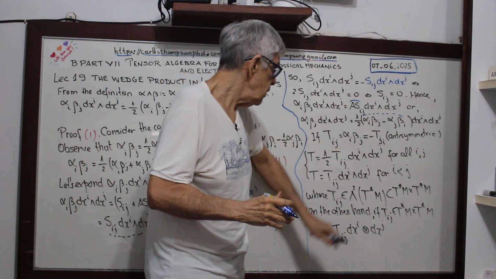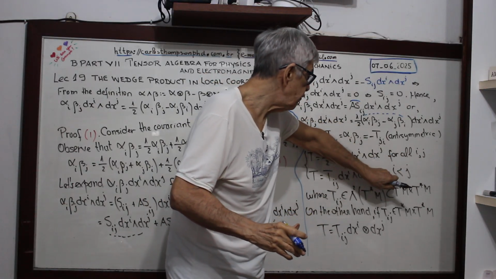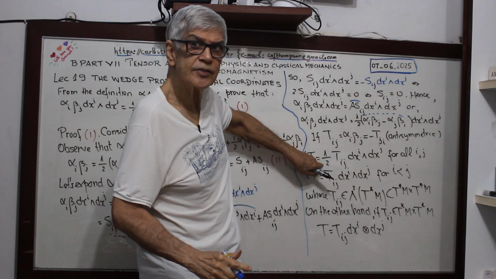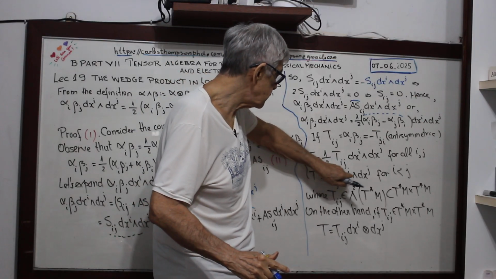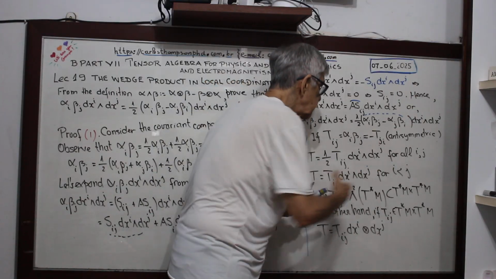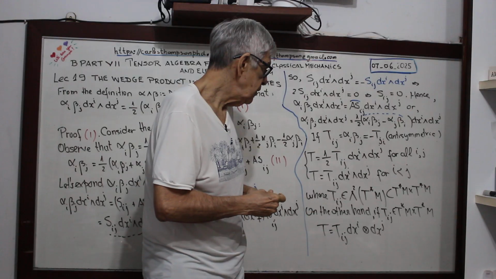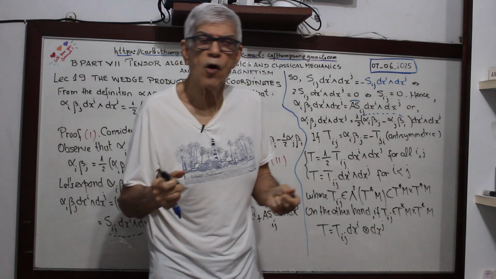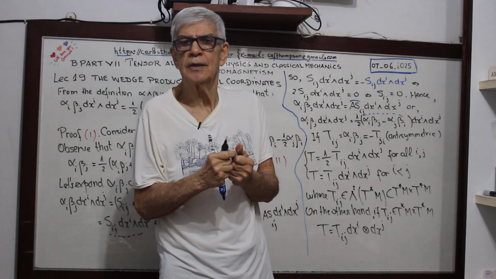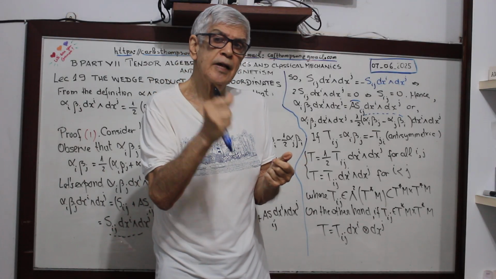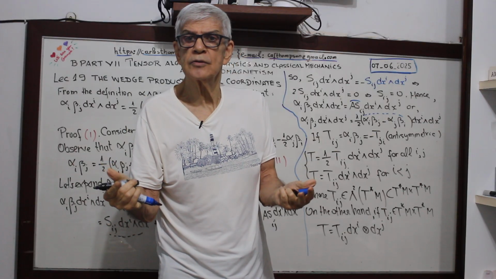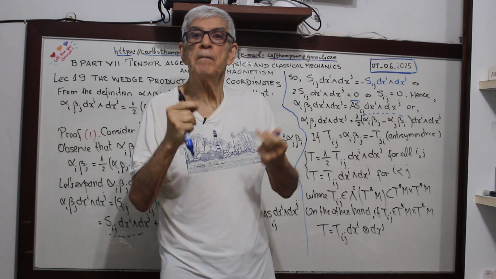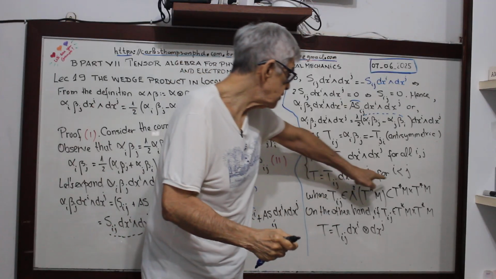This holds for all i and j. Now if I restrict to i less than j, then this 1/2 is not necessary, and I just write T_ij dx^i wedge dx^j. It is important to mention why: if you have a term involving dx^2 wedge dx^3, then dx^3 wedge dx^2 is equal to minus dx^2 wedge dx^3, so I can substitute it.